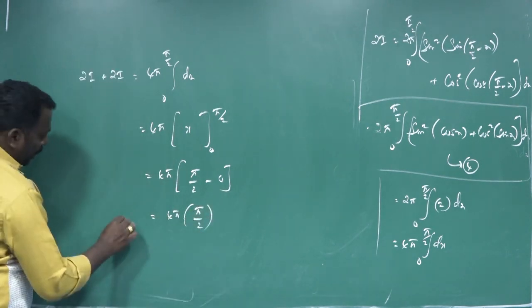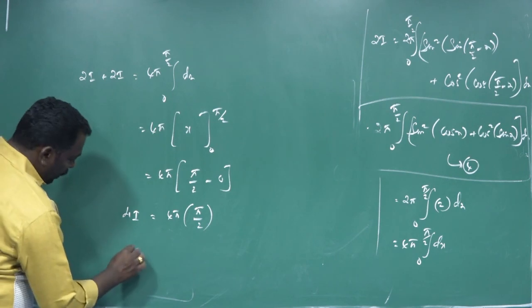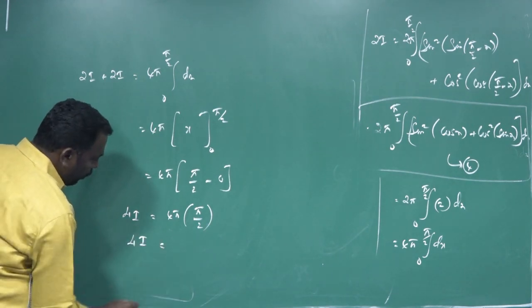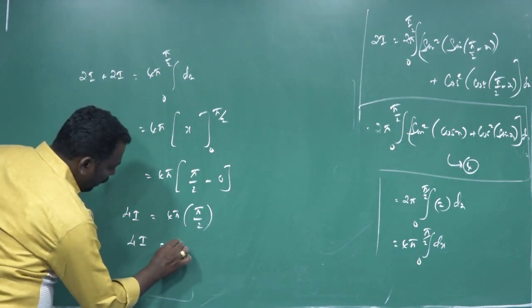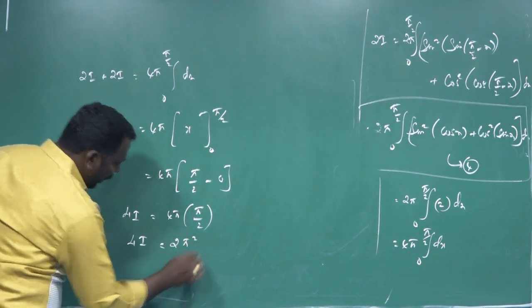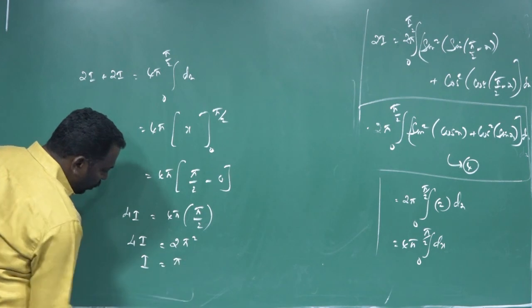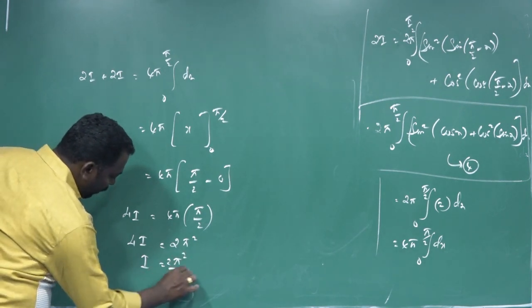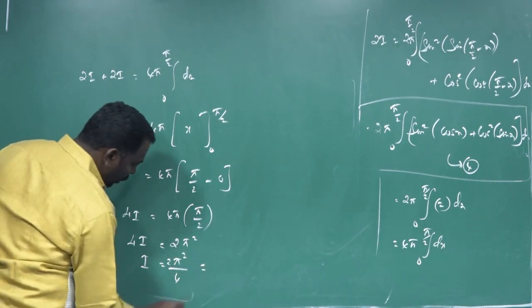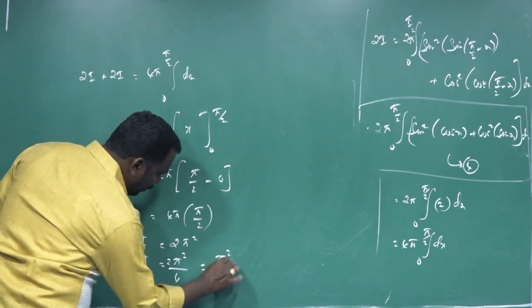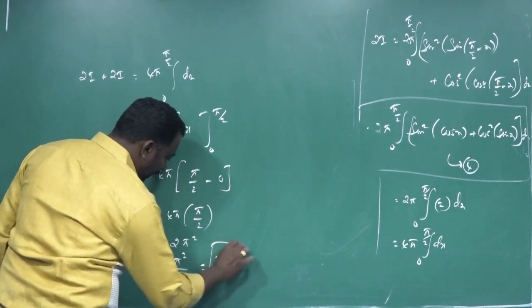Then adding the value, it is 4I. Therefore 4I is equal to, just cancel the value, 2 into pi square. Therefore I is equal to 2 pi square by 4, and that is equal to pi square by 2. Pi square by 2 is the final simplification.